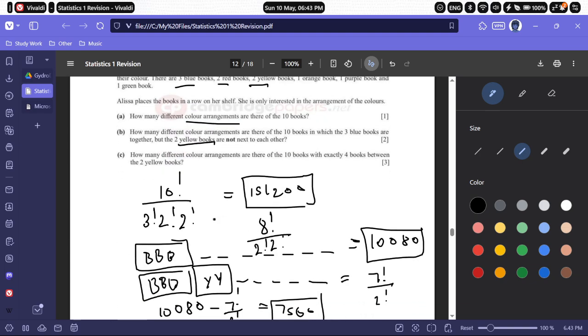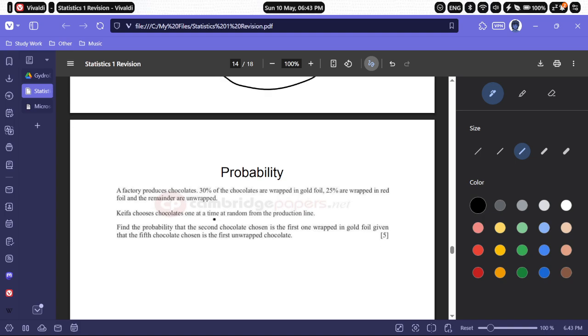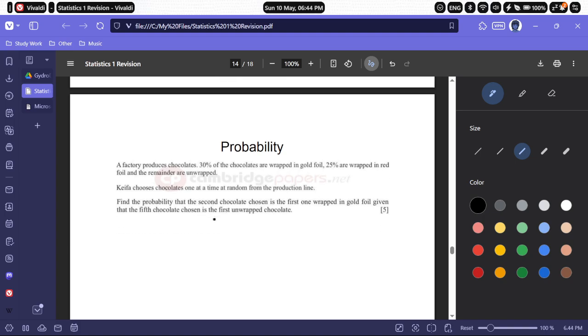So I'll just go through some other topics as well, real quick. Some good questions, or questions that I found good at least. Over here you have a factory that produces chocolates. 30% of the chocolates are wrapped in gold foil. So the probability of GF, how ironic, is 0.3.